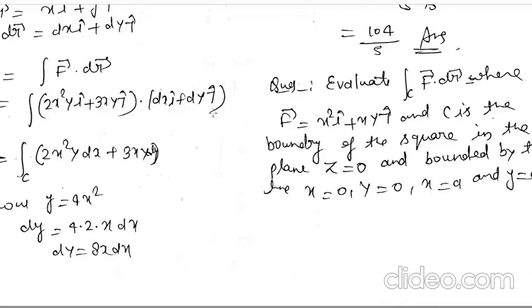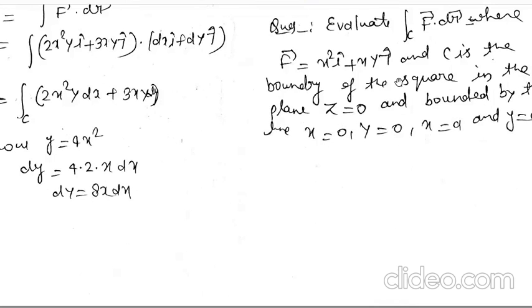Now there is another example here. Evaluate F vector dot dr vector, where F vector is equal to this one and C is the boundary of the square in the plane z is equal to 0 and bounded by the lines x is equal to 0, y is equal to 0, x is equal to a and y is equal to a, right?